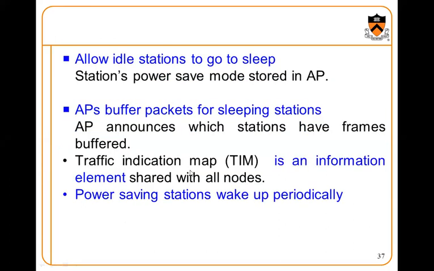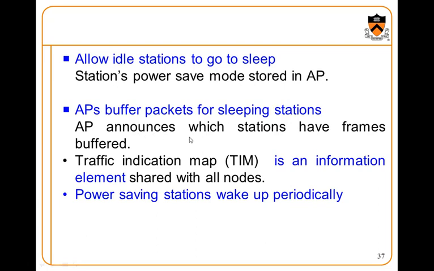So now moving to the next one, if you have a look, allow idle station to go to sleep mode, and that is the scheduling mechanism that saves the power of these nodes and extends the network life. Similarly, access APs buffer packets for sleeping stations. So the access points which are alive can store the messages received for those nodes who are in sleeping mode.